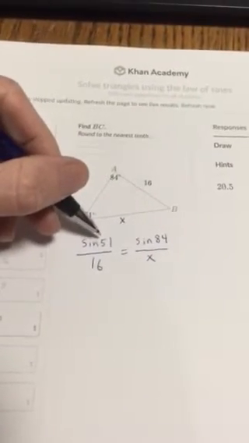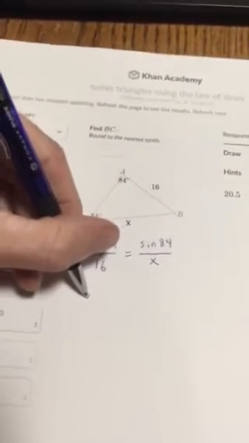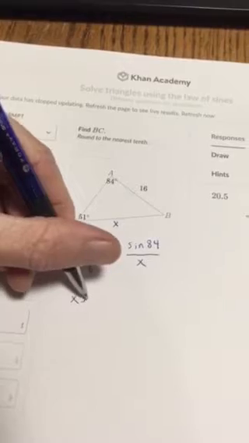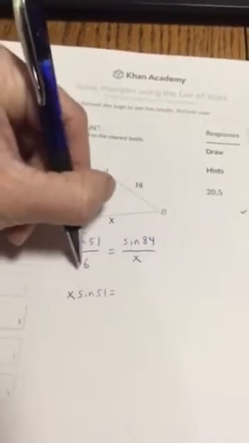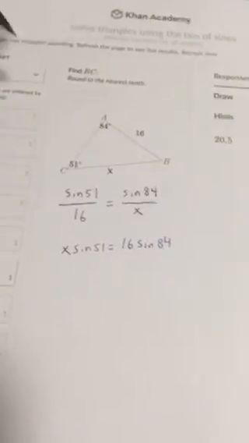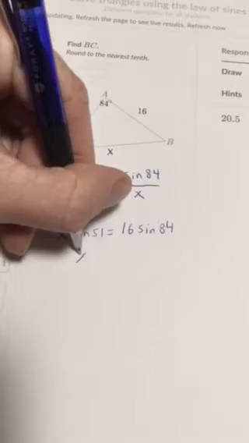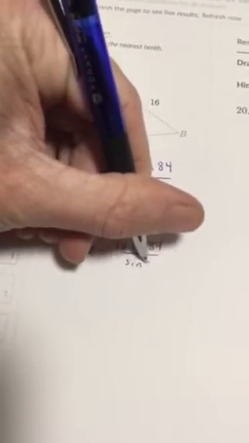Now all we have to do is cross multiply. So x sine 51 equals 16 sine 84. And to solve for x, you divide both sides by sine of 51. So x equals 16 sine 84 divided by sine 51.